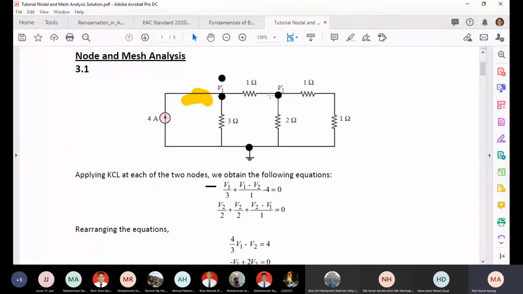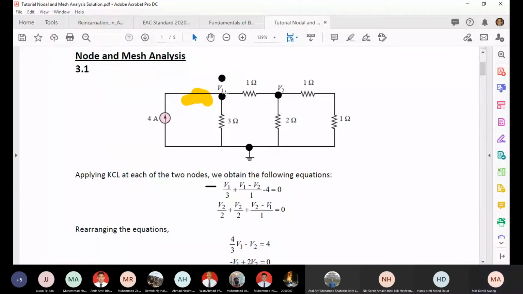And this is the current going in. The convention is that going in is minus, going out is plus. So we have V1 over 3 plus V1 minus V2 over 1 minus 4 equal to 0.